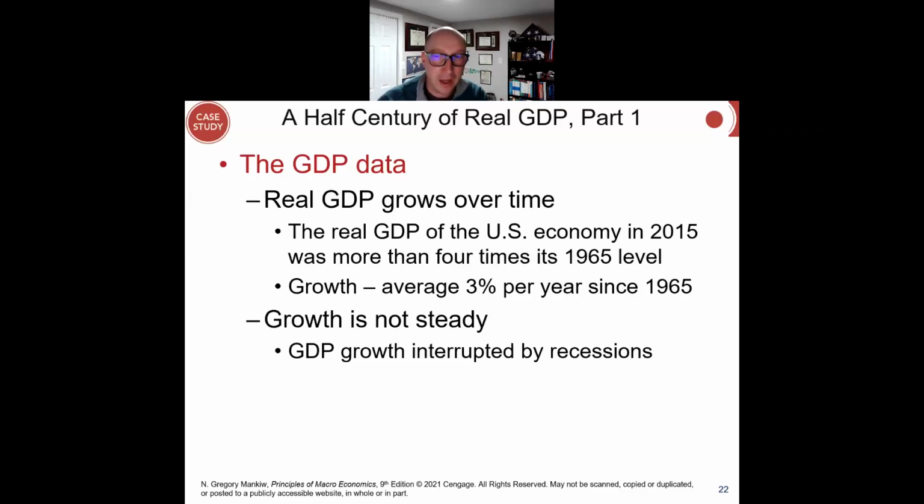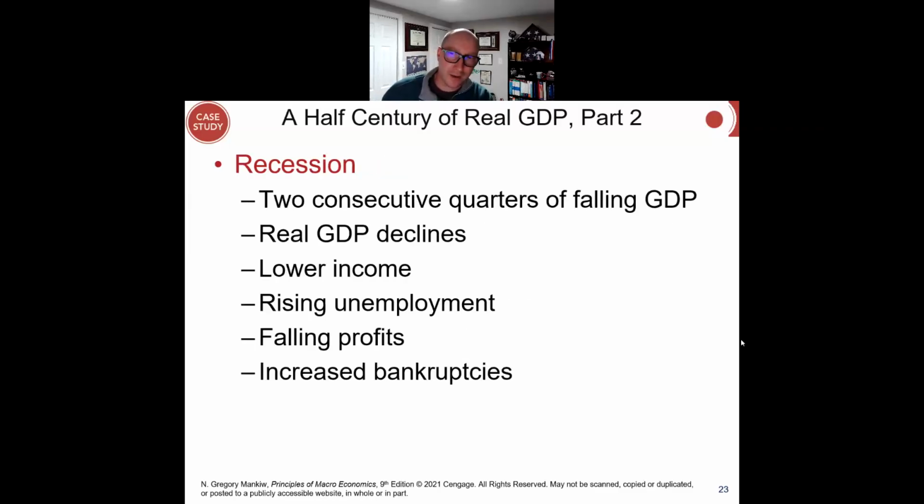Now, a recession is a decline that has to be at least 2 consecutive quarters of falling GDP. I had mentioned that the steady growth rate is 3%. If it starts going down from that 3%, say down to 2.5%, that's not good.